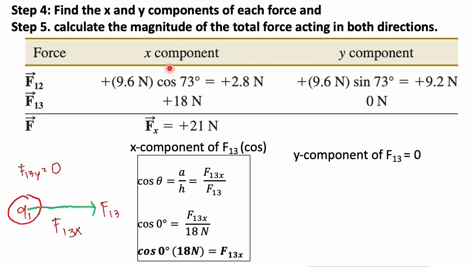So, add this, the x component of the resultant force is 2.8 Newton plus 18 Newtons, it is 20.8. But sa libro, no, yung sa physics book by Cutnell and Johnson, it was rounded off. So, it is now 21 Newton.